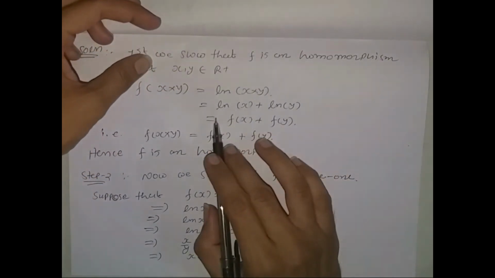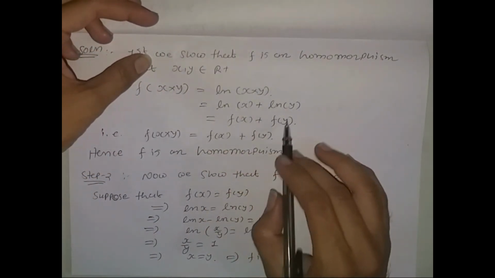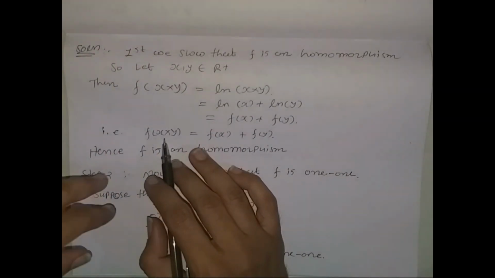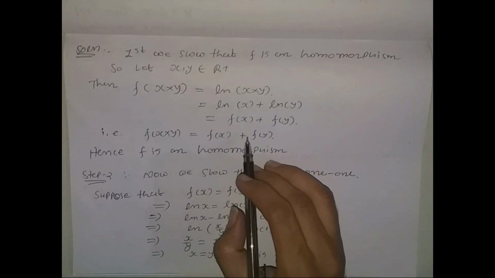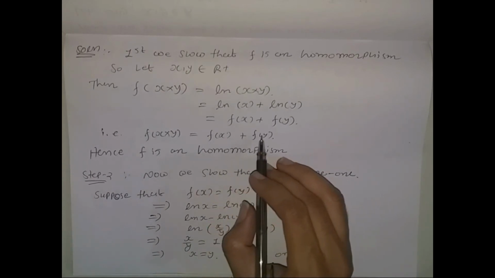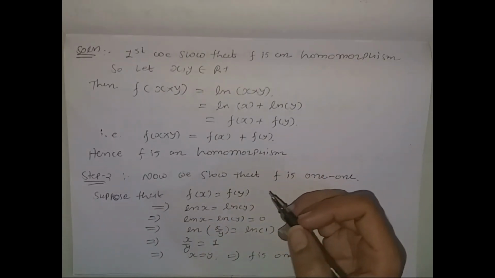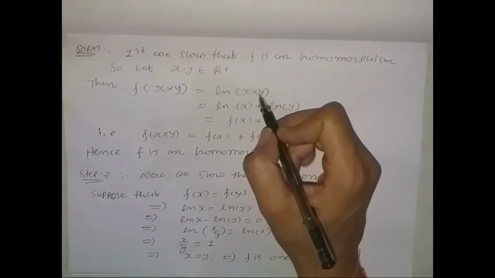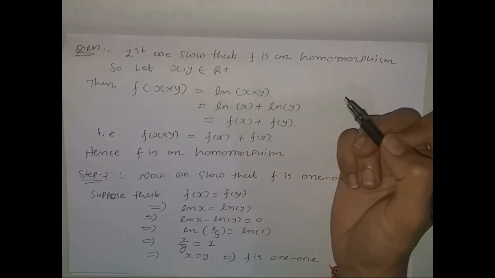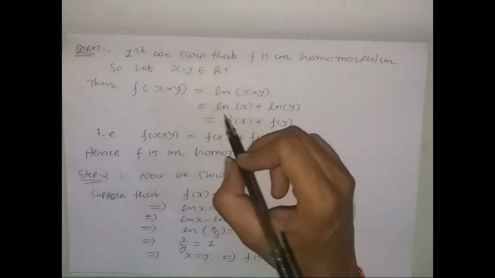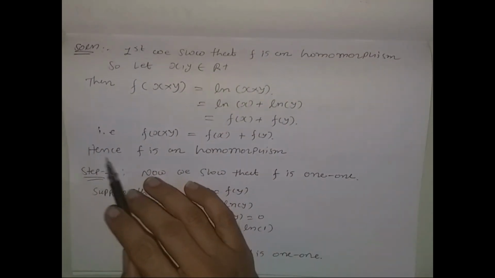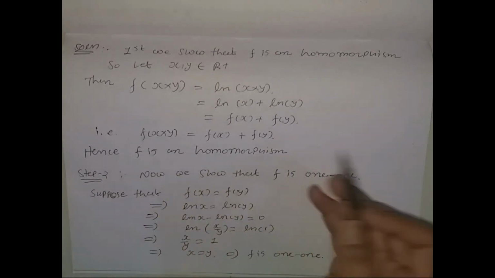So this is equal to f of x plus f of y. Log x cross y is equal to log x plus log y. This is the rule for the logarithms, okay. And here we have considered the natural logarithm. Hence f is a homomorphism.